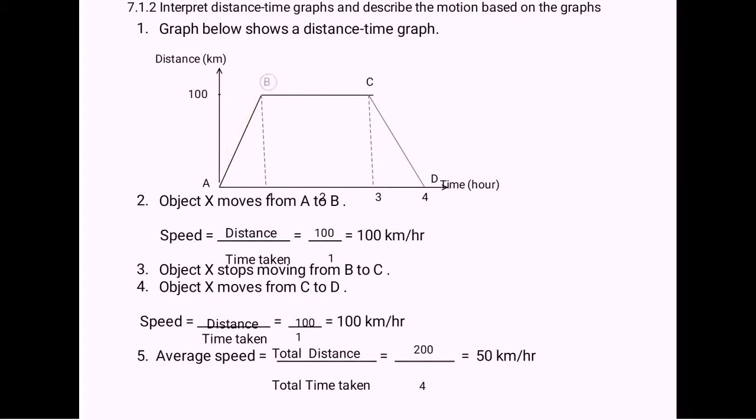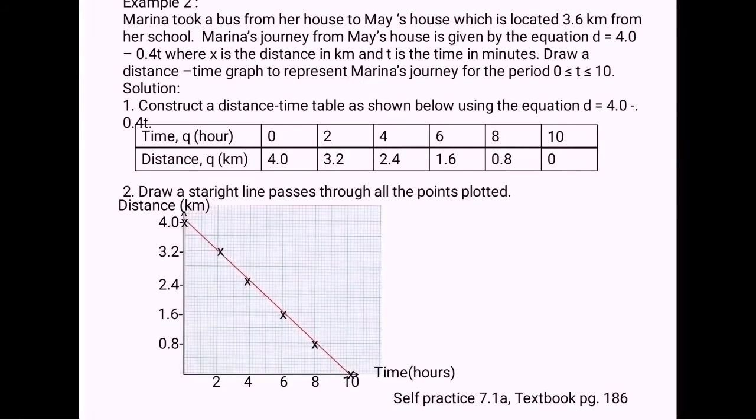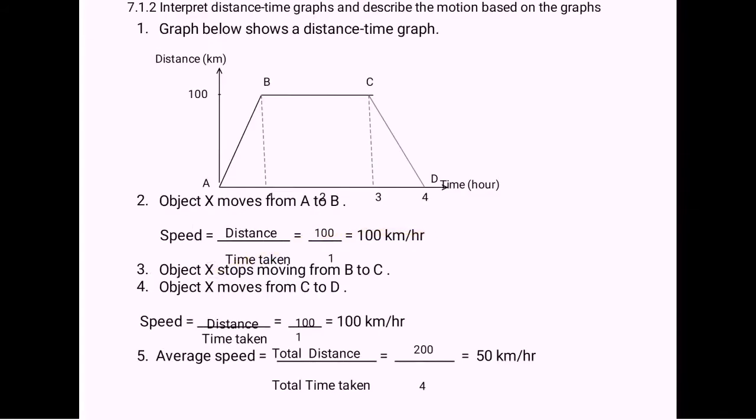From B to C, the object is stopped. The object is stopped here. And from C to D, the object is also moving.